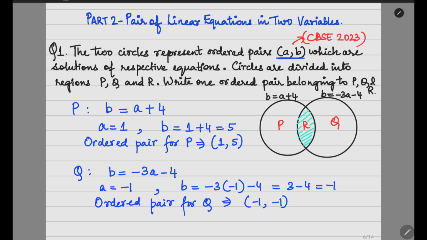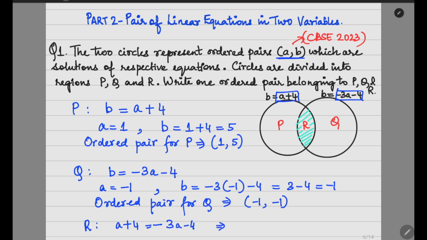And what is this region R? R is the point of intersection of both the circles, the region where both the circles are intersecting. And at this point, both are equal. So for the R region, you have to equate a + 4, this part, is equal to the expression for Q, so -3a - 4.